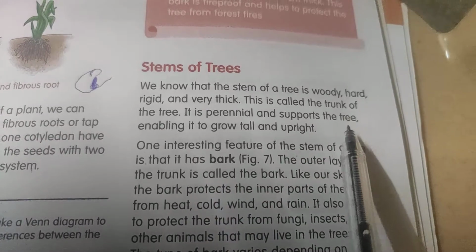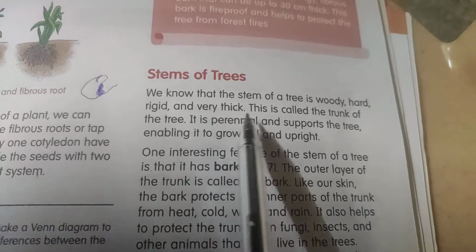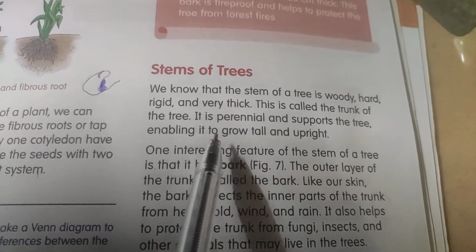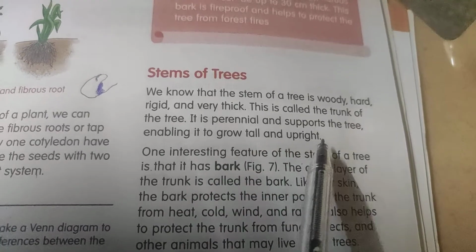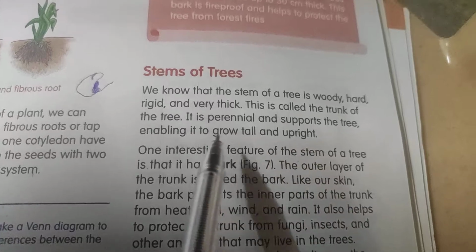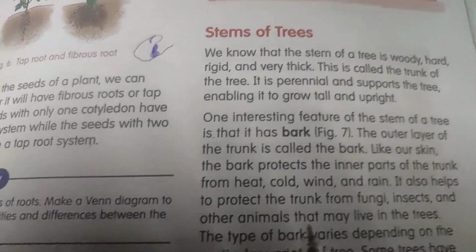It is called a trunk. Instead of stem, you can call it a trunk since it is so big, thick, very hard and strong. And it is perennial and supports the entire plant to stand straight without falling down. We'll go to the next paragraph.